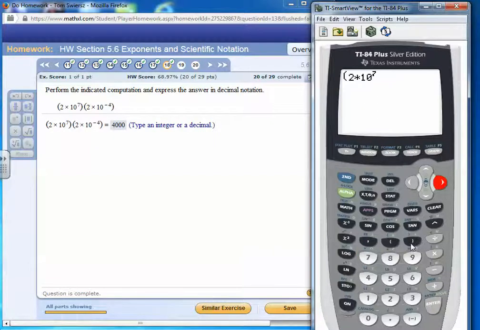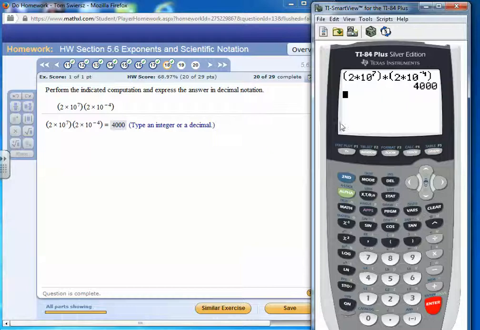Get out of the exponent, and then times, put the next number in parentheses, 2 times 10 to the negative 4th. Get out of the exponent, put in the right paren, and hit enter, and there's our correct answer of 4,000.